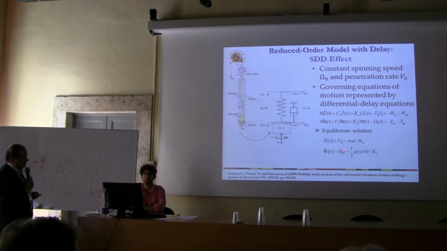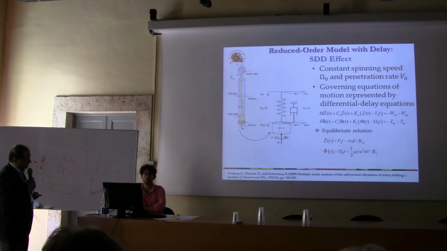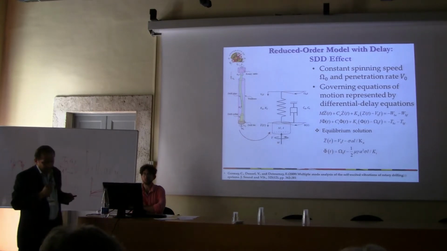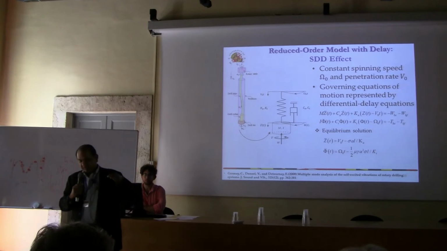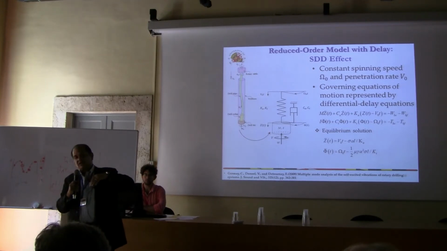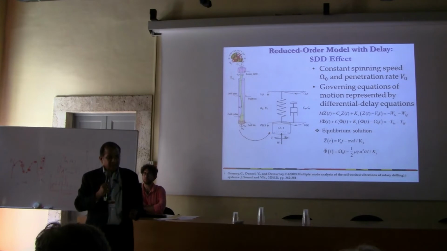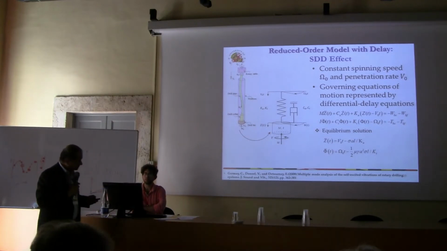The system has an equilibrium solution in this fashion. All that means is, when the system is in equilibrium, the drill bit is moving at the penetration speed that you impose on the system, and it's spinning at the speed which you impose at the top. That is my baseline case. If everything is stable, that's what it should be doing.